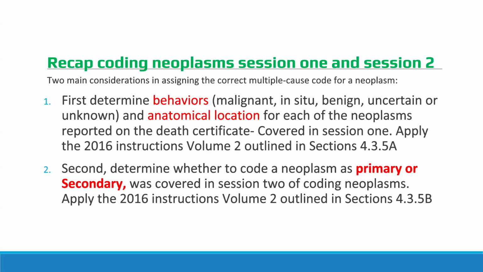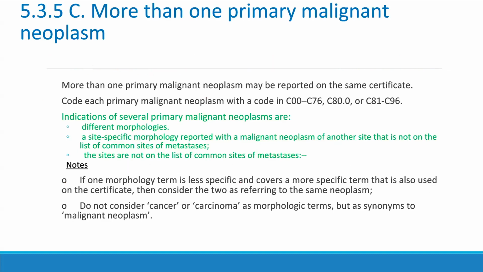Now let's proceed to the main topics for today's session. When reporting more than one primary malignant neoplasm on the same certificate, each neoplasm should be coded using codes from C00 to C76, C80, or C81 to C96.